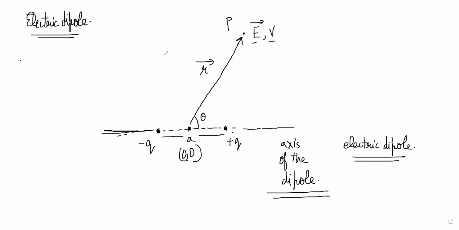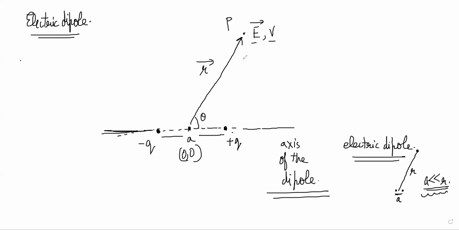Now, in all of these situations, usually in real life situations, the dipole size is really small compared to the distance at which we want to study its effect. You understand what I mean? The size of the dipole A is much smaller than this length R, usually. So we will be using approximations based on that fact.